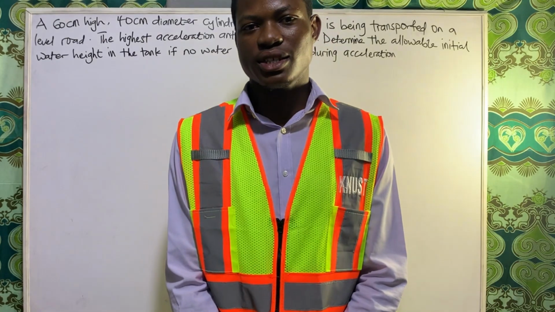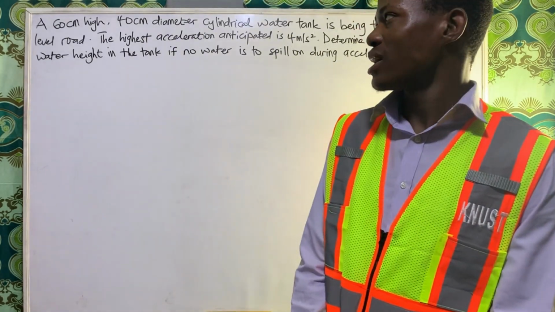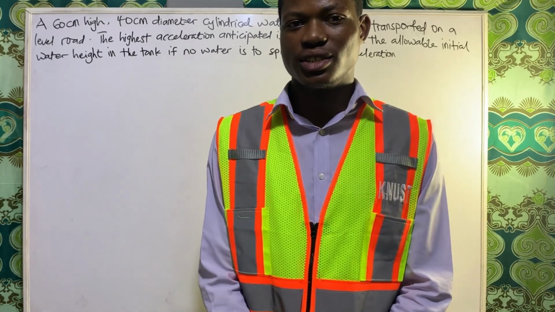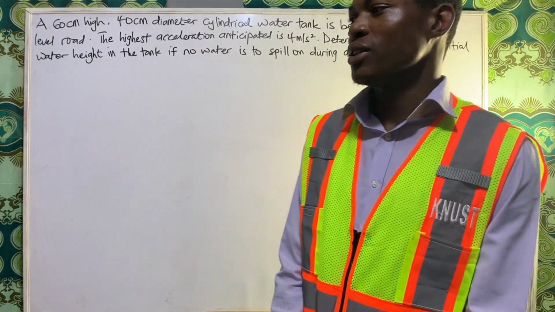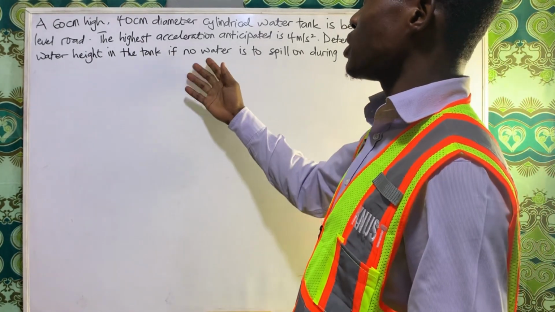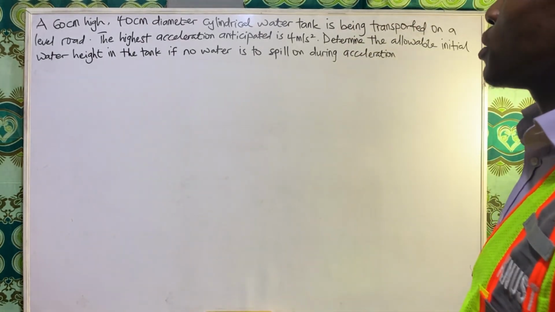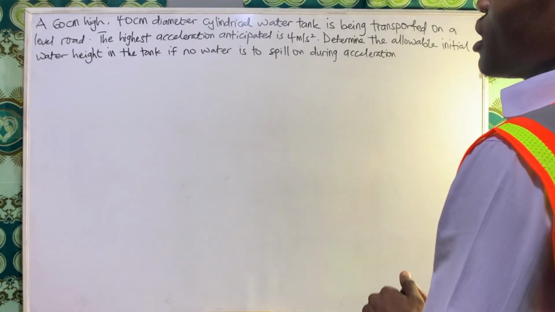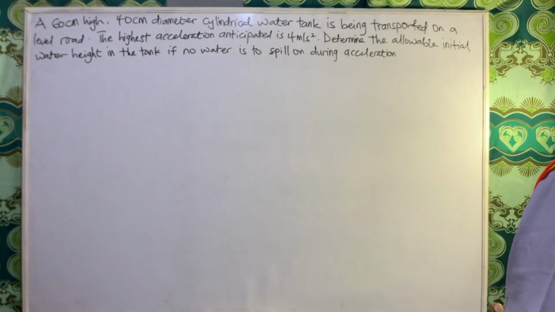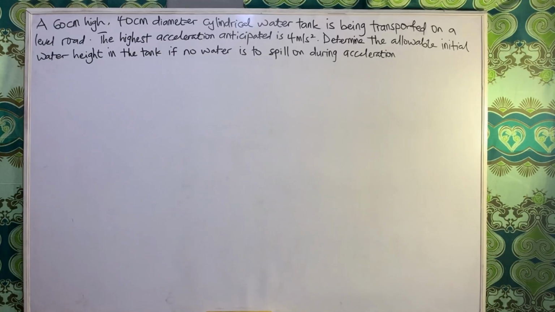In today's lesson, we are going to solve an example on fluid in rigid motion, specifically acceleration on a straight path. And this is the question we are going to solve. The question reads: a 60 centimeter high, 40 centimeter diameter cylindrical water tank is being transported on a level road.